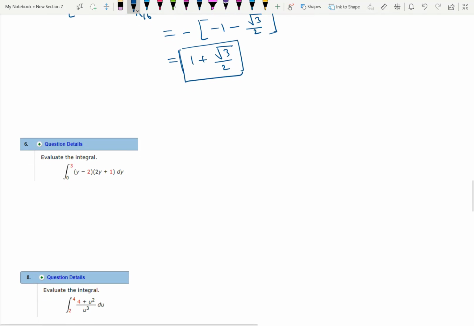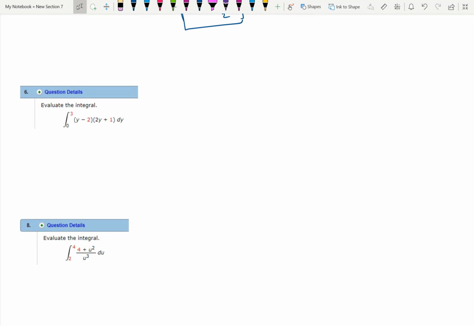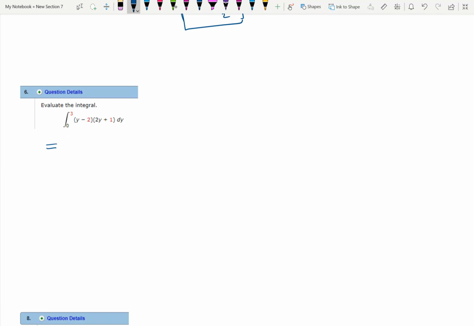Now to solve the next problem, what we can do, we can multiply y minus 2 and 2y plus 1 first. So 0 to 3, if you multiply, it becomes y square plus y minus 4y minus 2 dy.